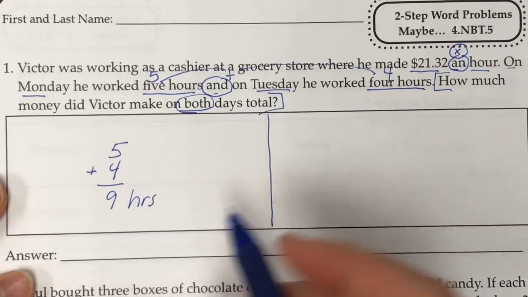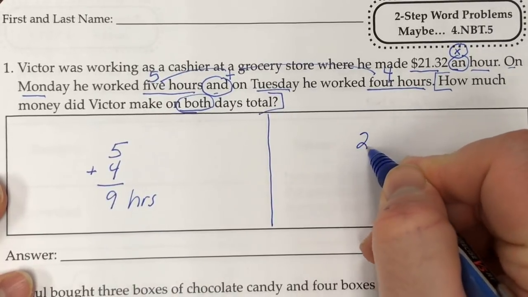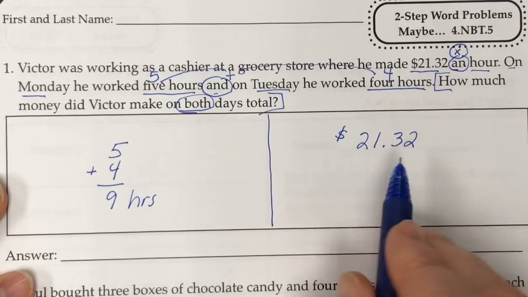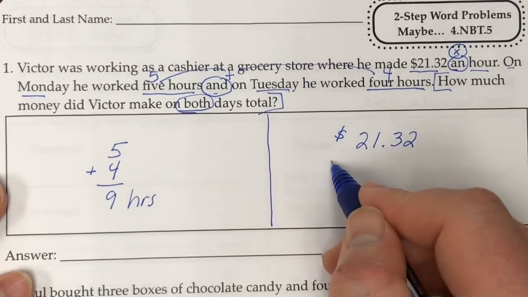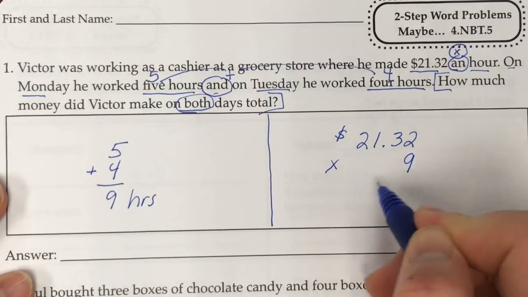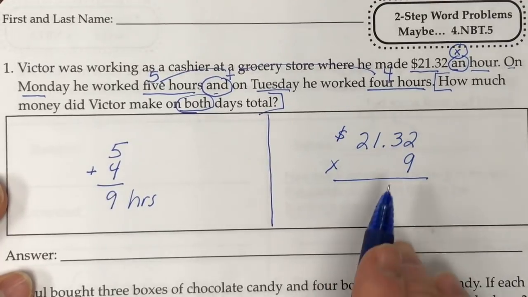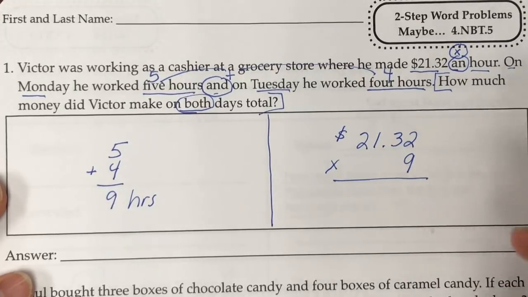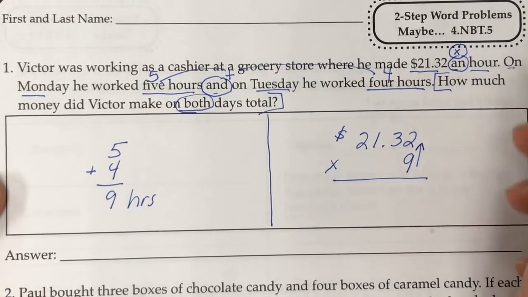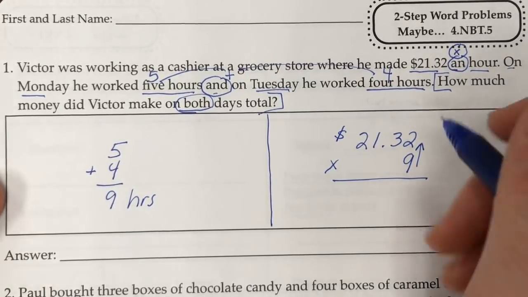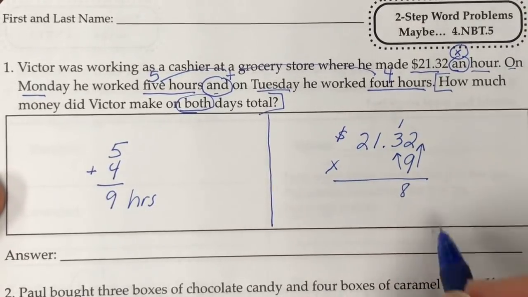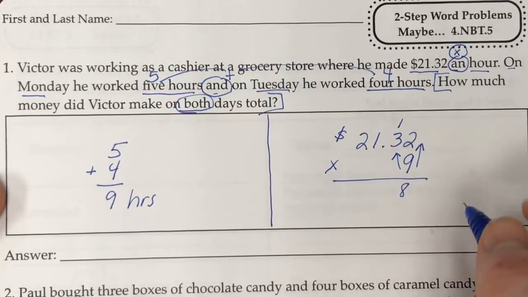Okay, now that we know he worked 9 hours, we can do $21.32, and you're going to line it up like this, and then put times 9 hours. And you need to make sure that the longer amount of digits is on top like this. And then you're just going to go ahead and do your disco. 9 times 2, add the regroup. 9 times 2 is 18. 9 times 3, add the regroup. 9 times 3 is 27.